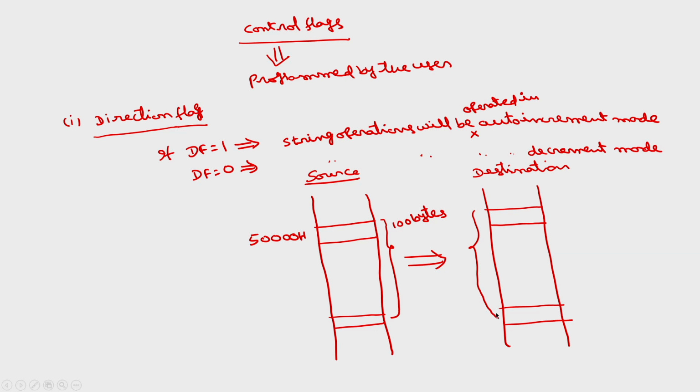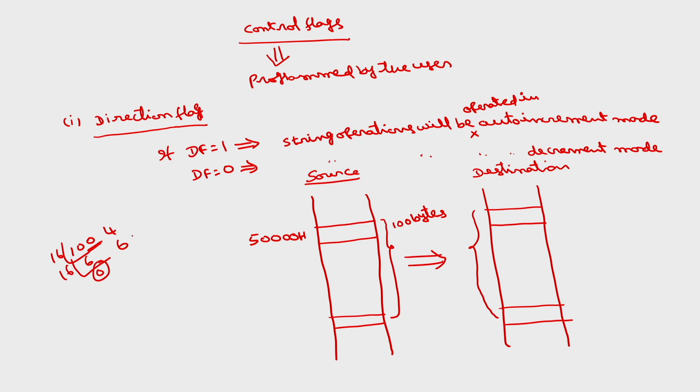If the starting address is 50,000 and I transfer decimal 100 bytes, what will be the ending address? What is the hexadecimal equivalent of 100? Dividing by 16, 6 times 16 is 96, 4 is the remainder; 16 into 6 is 0, 6 is the remainder.